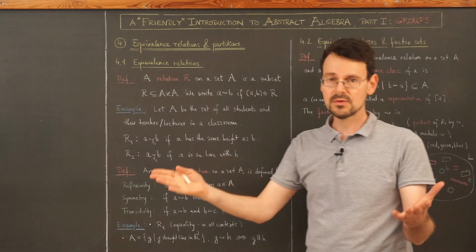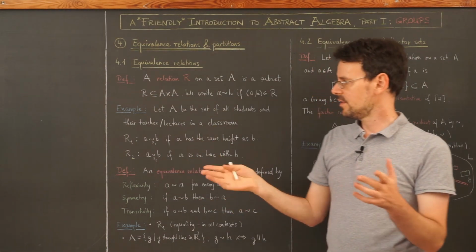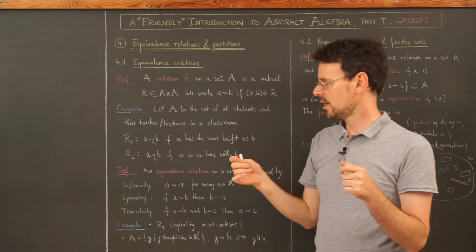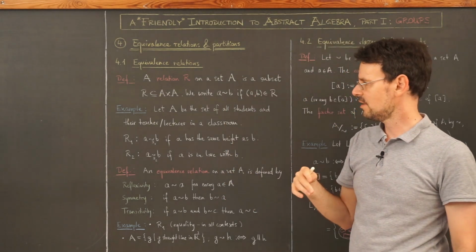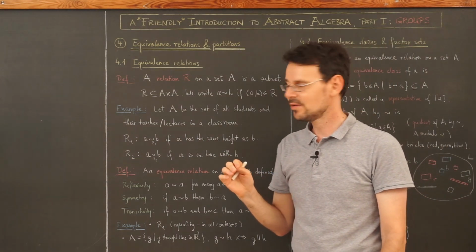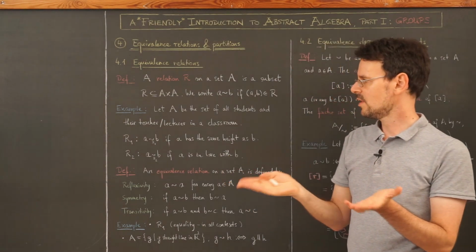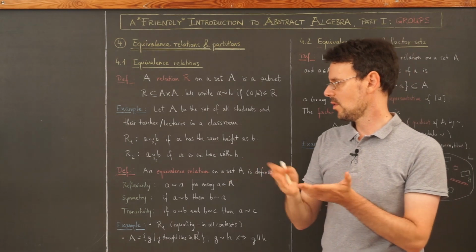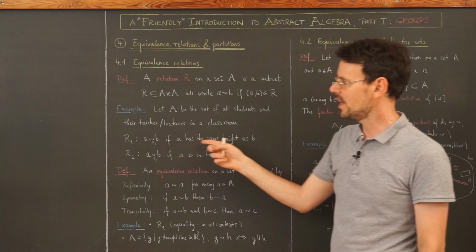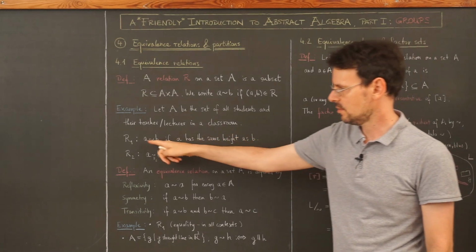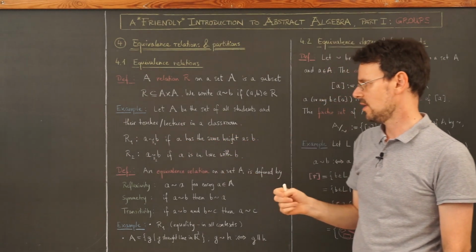So if two students, for example, have the same height, I can't wrap my head around the English feet and inches and stuff, so I'll say it in the metric system. If two students have a height of 1.8 meters, they are in this relation here. So they are related by this R.